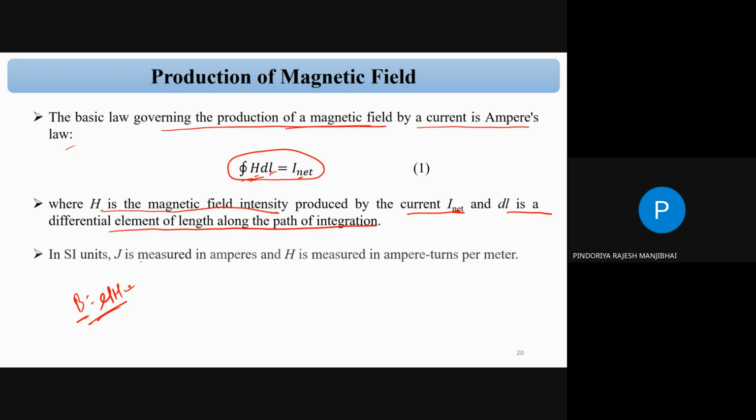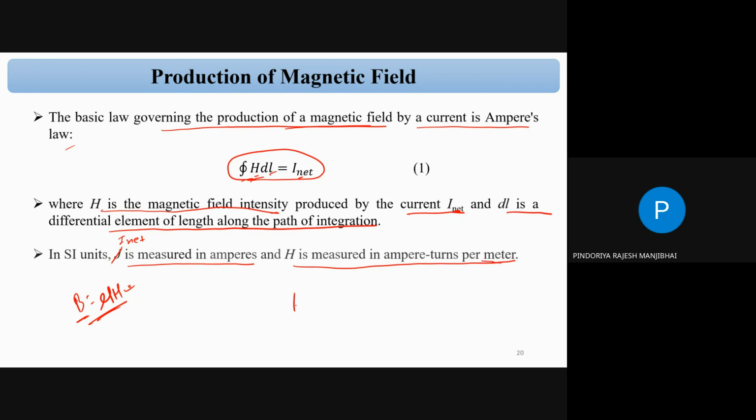As per the SI unit, I net is measured in amperes and H is measured in ampere turns per meter.